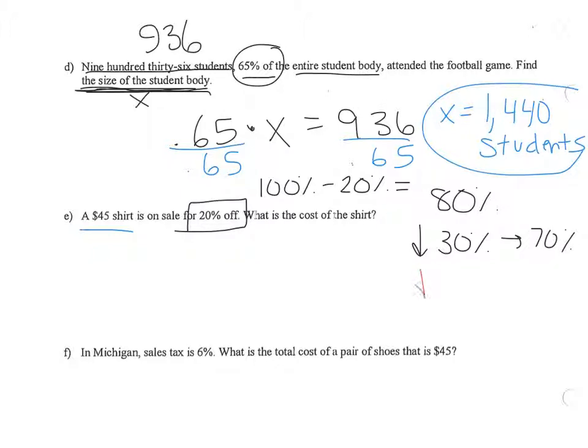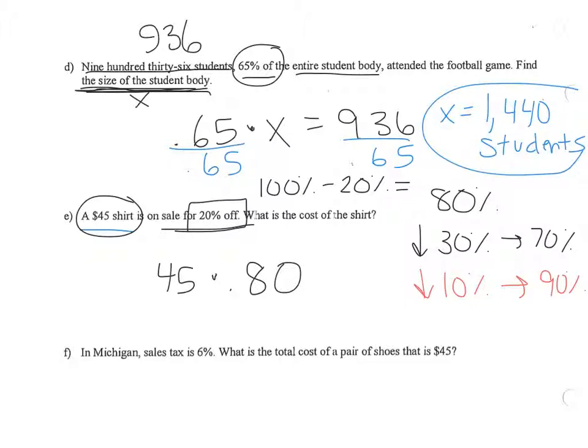If something is 10% off, it means you're paying for 90% of it. So if the shirt is $45 and the sale is 20%, it means you're paying 80% of it. So you multiply 45 times 0.8, and the answer is $36. It's on sale, so you know it's going to be less than $45. So sale price means you do 100% minus the percent that it's off, and then multiply it.